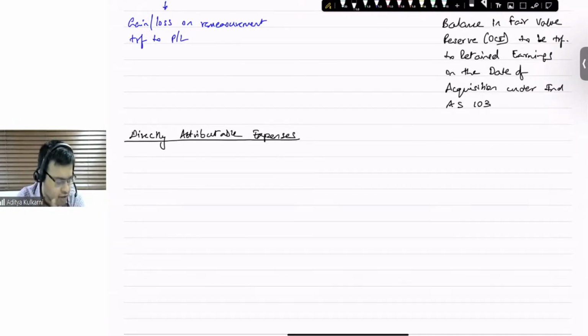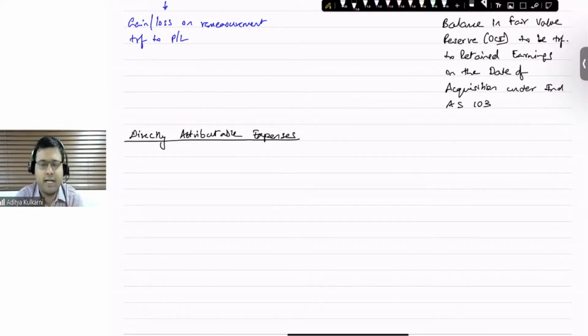You will have a great number of bankers also in terms of how they will fund the acquisition. Are they going to give a loan? What will be the terms of the loan? So for each of these acquisitions, you will have a lot of expenses relating to ensuring that the acquisition gets done. These are known as direct costs of acquisition.